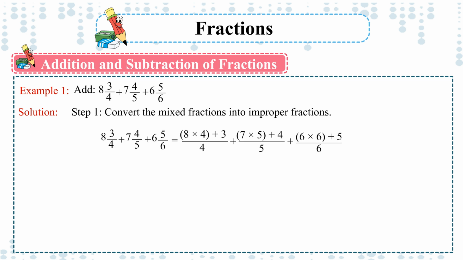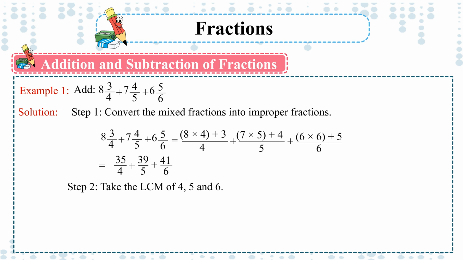8, 3 upon 4 plus 7, 4 upon 5 plus 6, 5 upon 6 is equal to 8 multiply 4 plus 3 upon 4 plus 7 multiply 5 plus 4 upon 5 plus 6 multiply 6 plus 5 upon 6, which is equal to 35 upon 4 plus 39 upon 5 plus 41 upon 6.